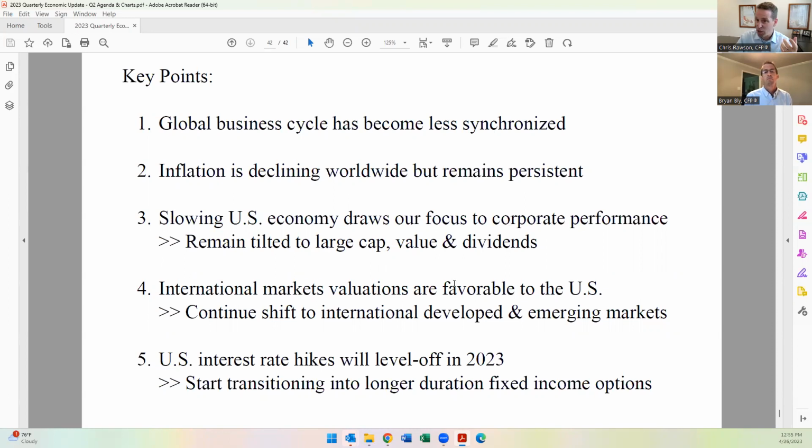International markets are valued favorably to the US, so we're migrating towards some international focus as well as emerging markets, again similarly in value and dividends. Interest rates are going to level off over the summer and we start transitioning into longer duration versus the CDs, which are very, very short, in anticipation of interest rate declines.